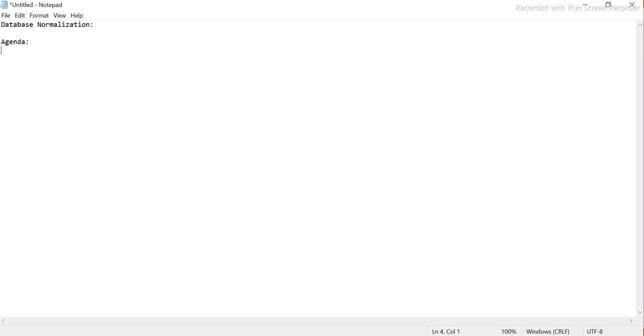The agenda is: first, definition. Second, why do we need it? And the third is types of normalization. And examples, obviously, a real time example.